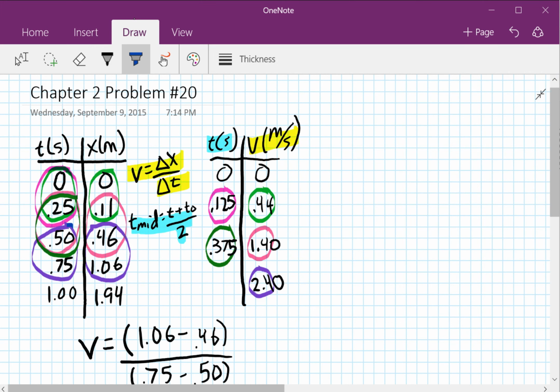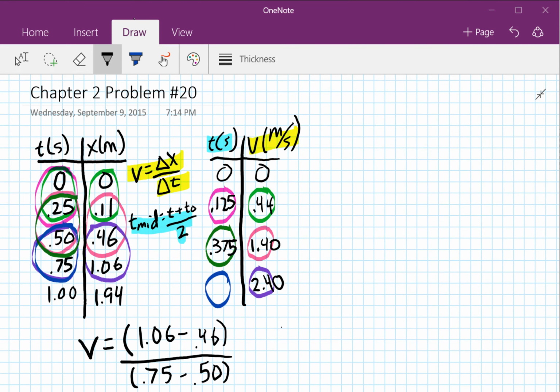We use this here for the time, and just in case that's not being clear either, so I'm going to do the time here. You'll have the T mid for this location is 0.75 plus 0.5 all divided by 2.